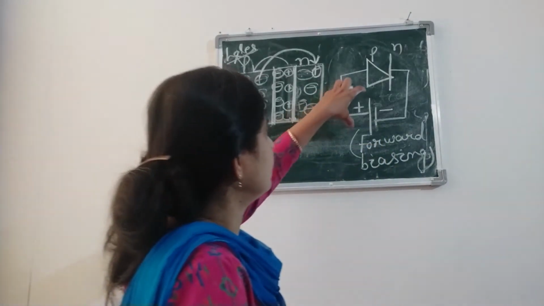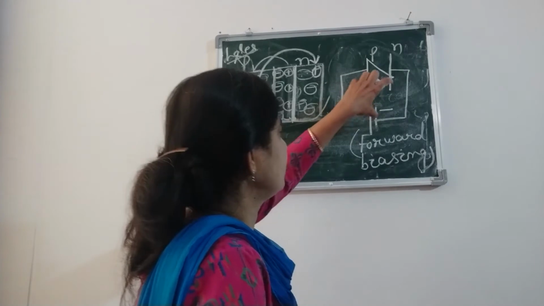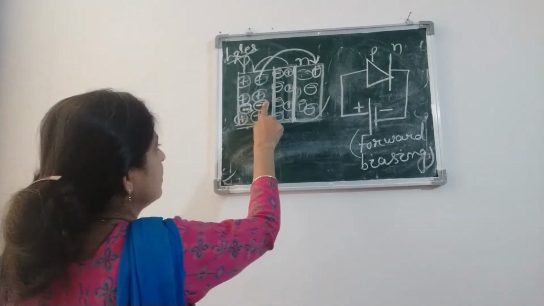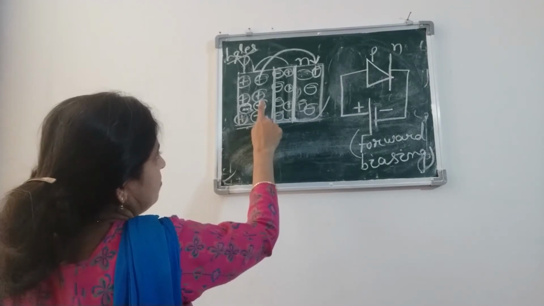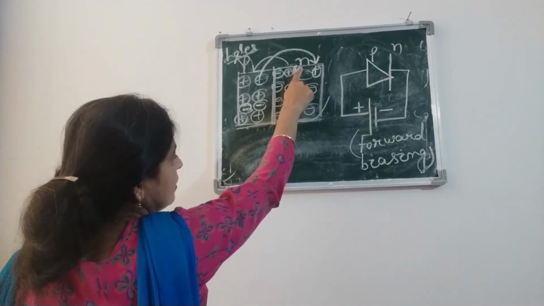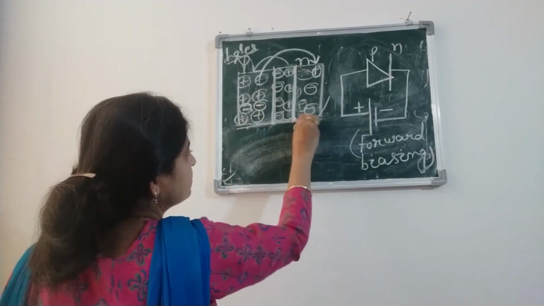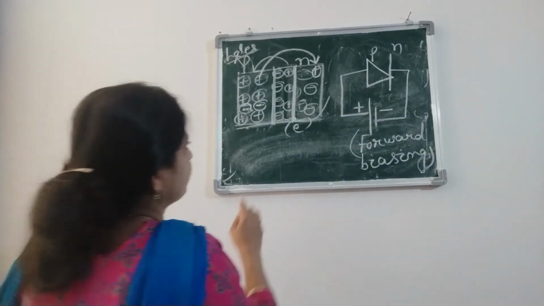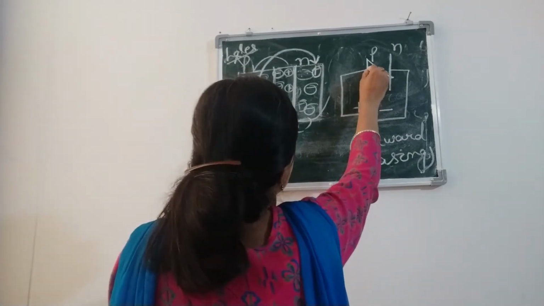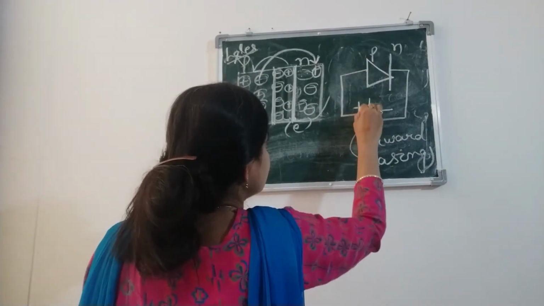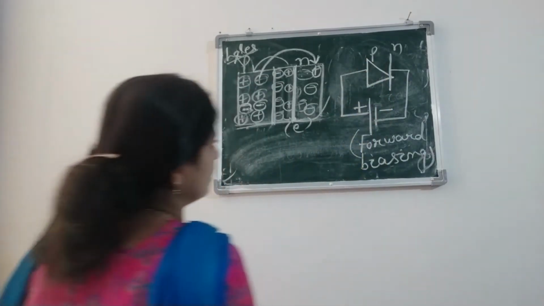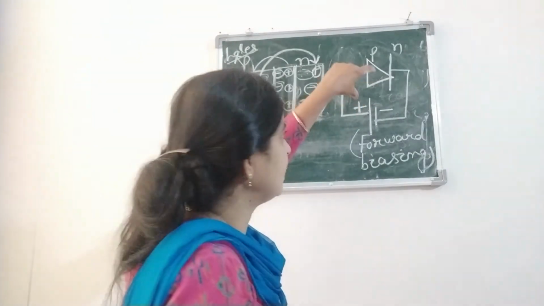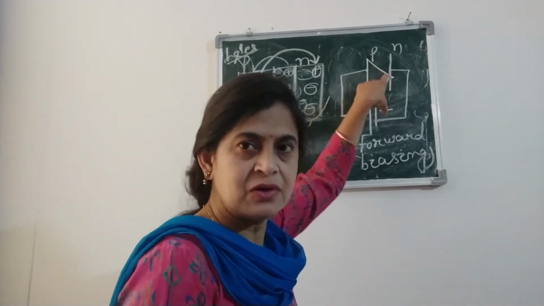During forward biasing, what will happen? Already we have discussed that the majority charge carriers in N are electrons and in P are holes. When the P terminal is connected to the positive terminal, the drift current and the potential barrier will also be developed.